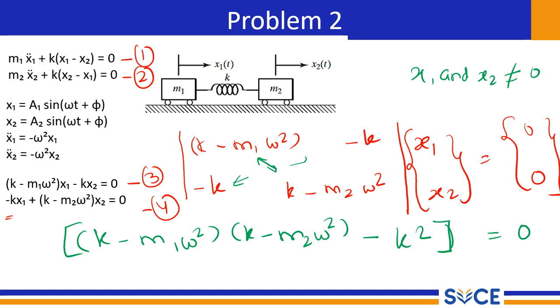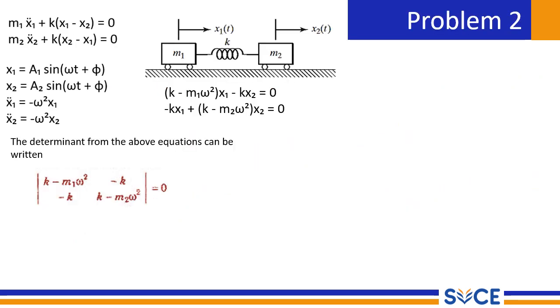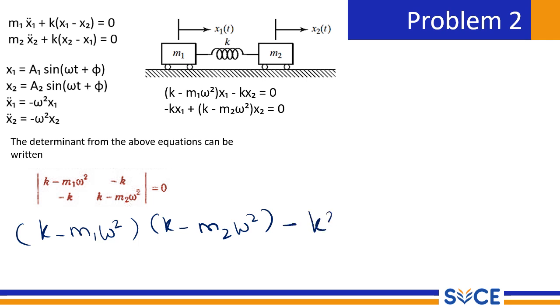In the previous slide, we derived the equation from the determinant. What it is, is nothing but k minus m1 omega square into k minus m2 omega square, minus of minus k will become k square, equal to 0.